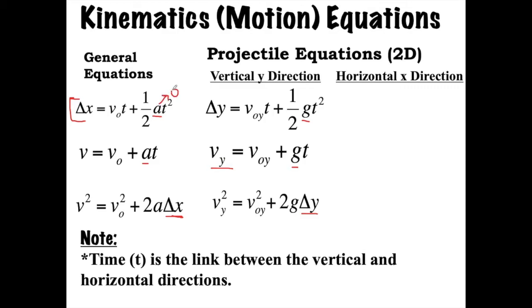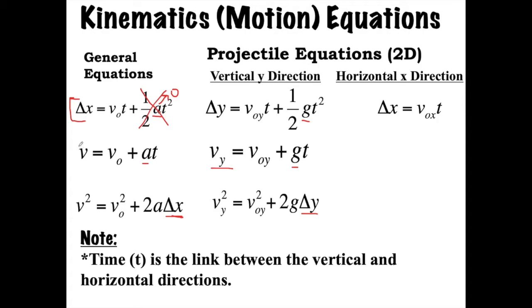So a is equal to 0 in the x direction. And why that's nice is because that means that this whole term will go away. So our equation for the horizontal direction is just going to be delta x equals v0x times time. And that would tell us how far horizontally it traveled, or its horizontal range.